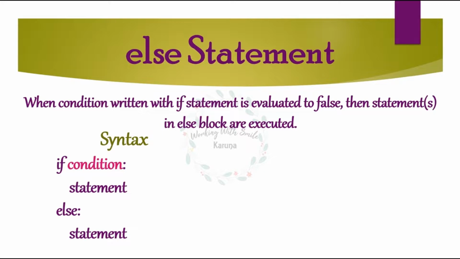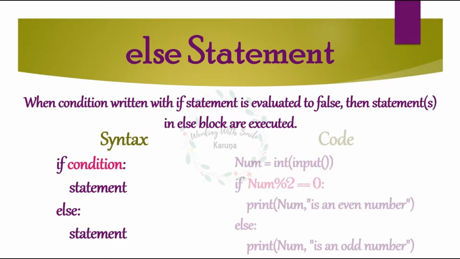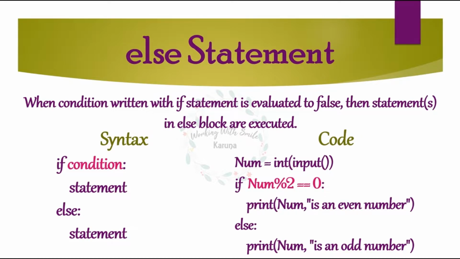So let's have an example to understand how if and else statements can be written in our Python programs. This code is an extension of the previous code that was written using only if statement. Here, if the number is divisible by 2, then it will give the remainder as 0.